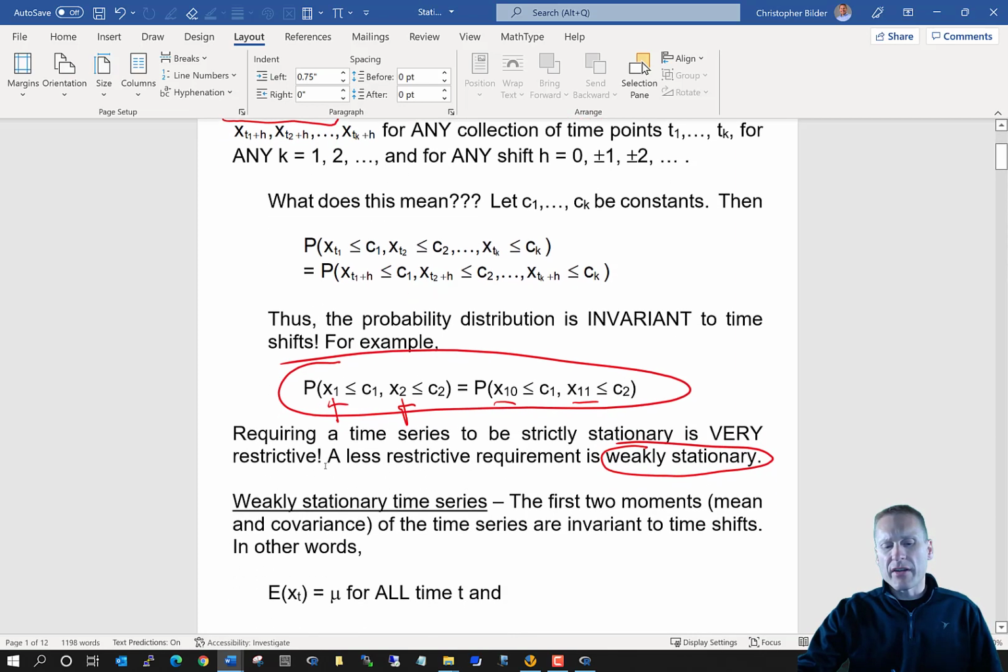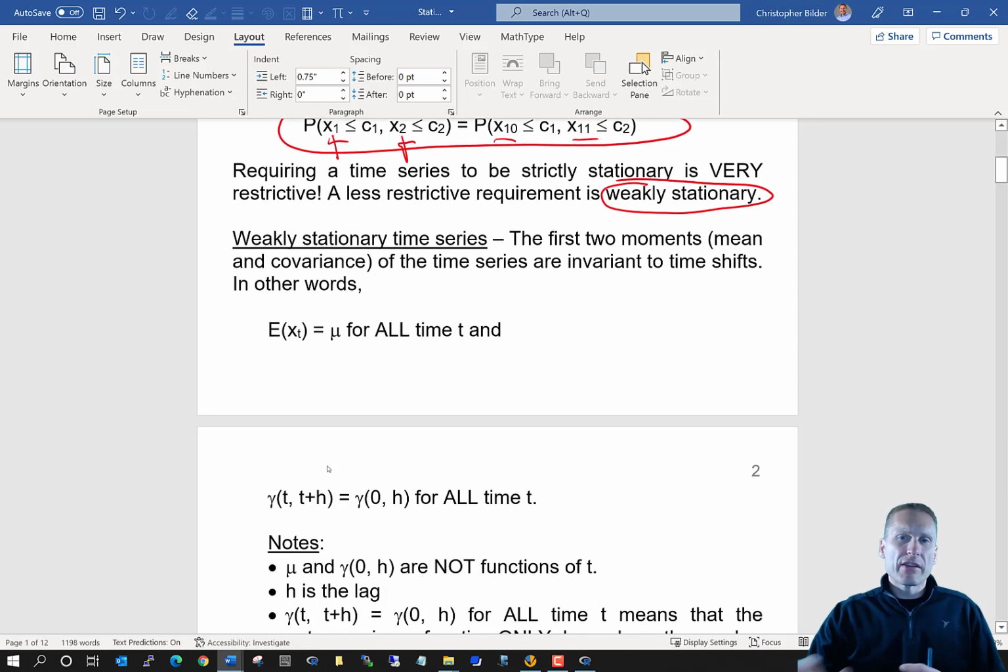What weakly stationary says is, let's just look at the first two moments corresponding to these random variables. These first two moments are invariant, or they're the same, for an h lag shift in the corresponding time points.